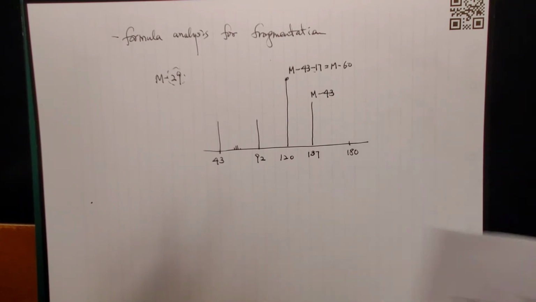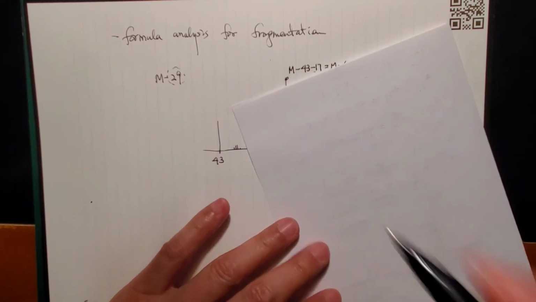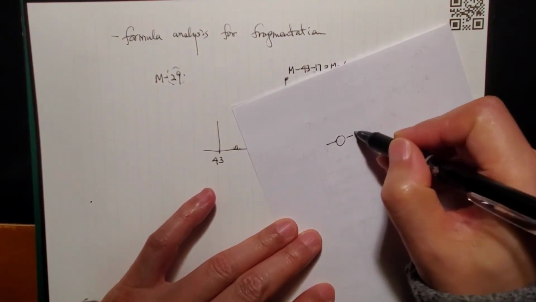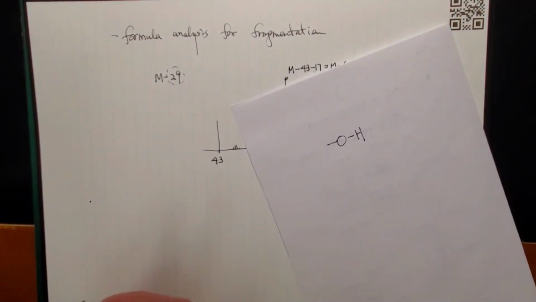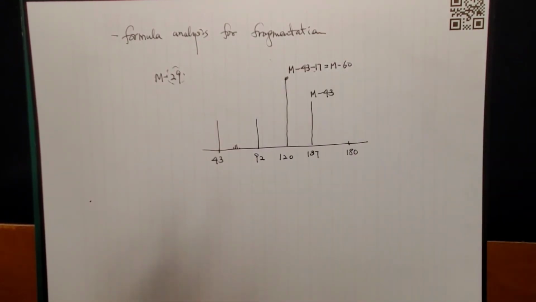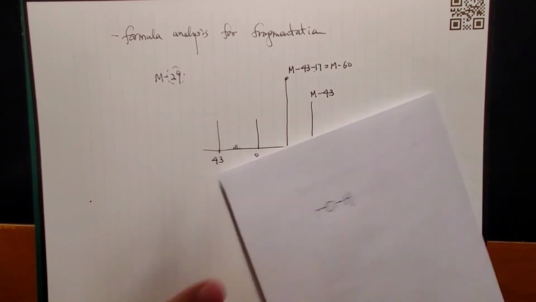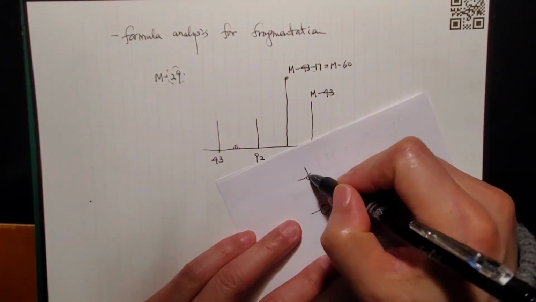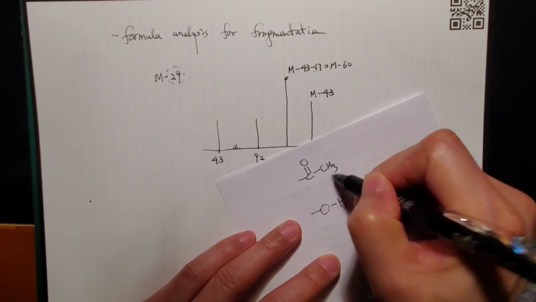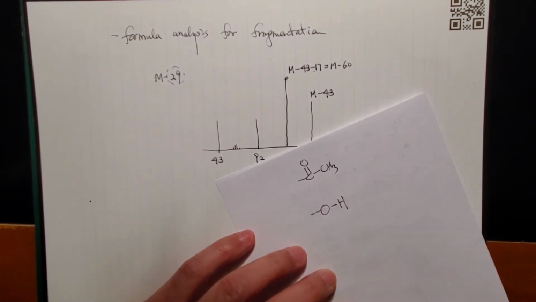So most likely 17 would be oxygen 16 with 1 hydrogen. So OH, you have OH. So you lost OH. So you first lost this, then you lost that.